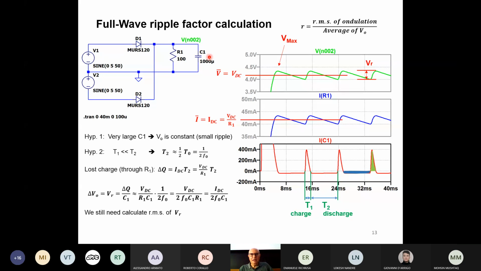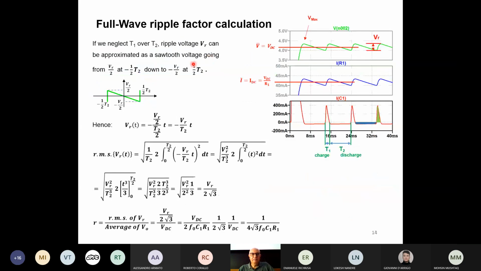We calculated the ripple, and maybe this ripple is too much for us. We could increase the capacitor, but increasing the capacitor means that we need a bigger capacitor, which is large, but is also expensive. So maybe this is not the best solution if you want to get a better ripple.